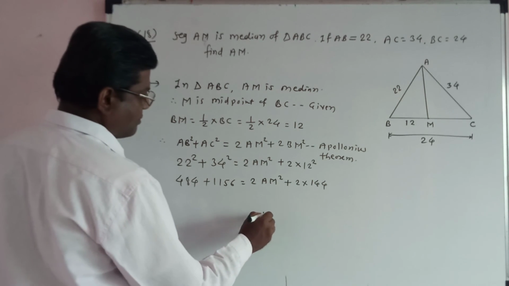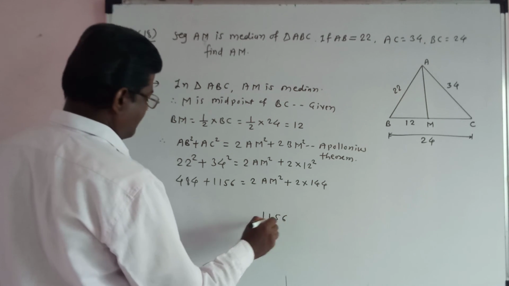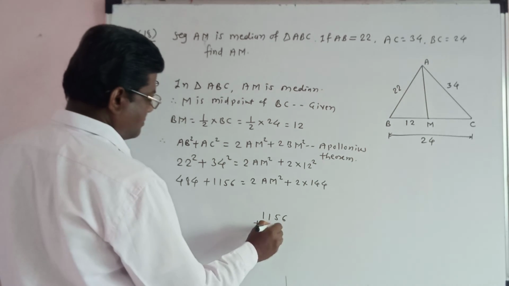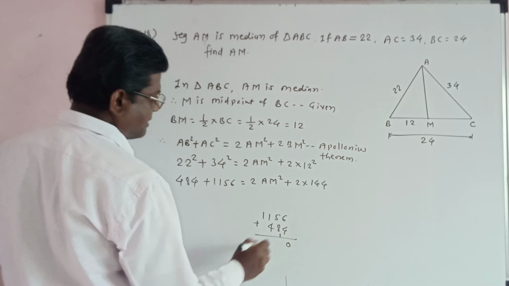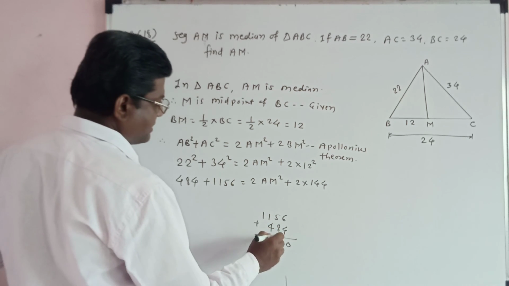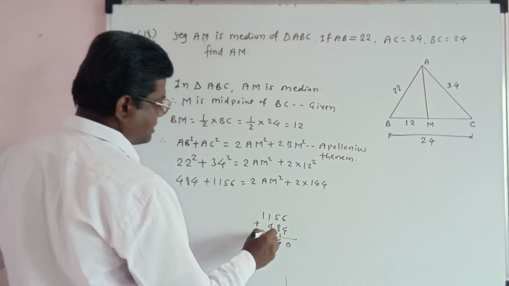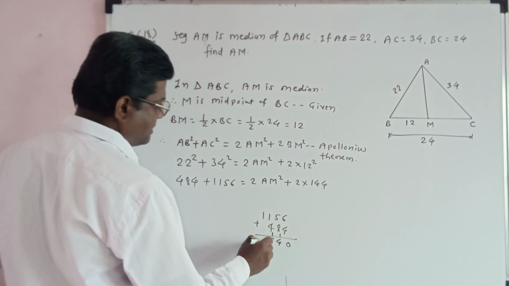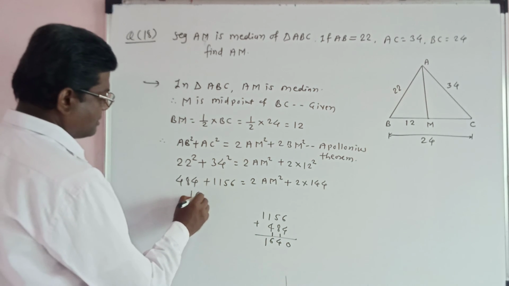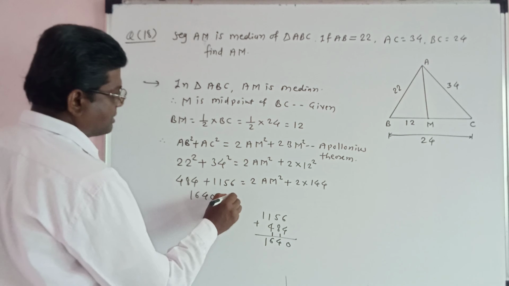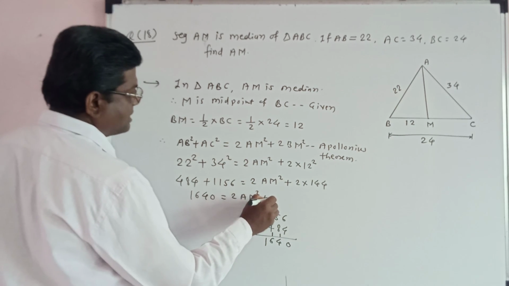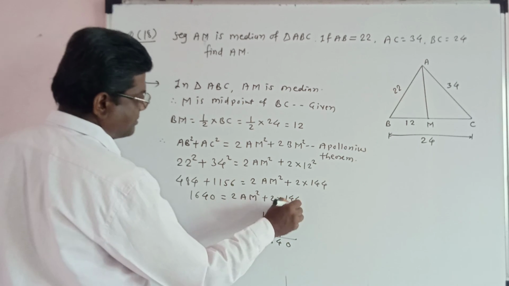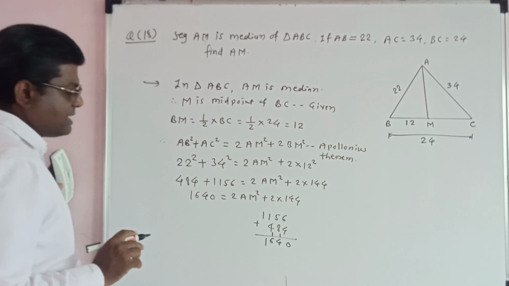Now 1156 plus 484 will be 1640. 1640 is equal to 2 AM square plus 2 into 144. Now divide both sides by 2.